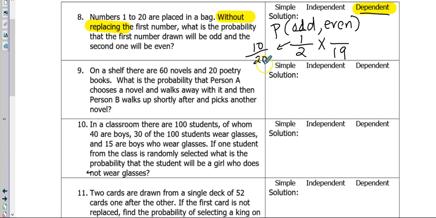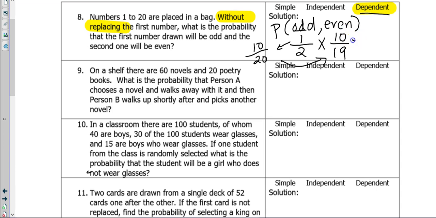So our 10 out of 20, now we only have 19, right? So we've taken out one number, one of the odd numbers, but we still have the same number of evens. So the number on top is going to be a 10 because we took out one of the numbers that's odd. We still have 10 out of 19 numbers that are even remaining.